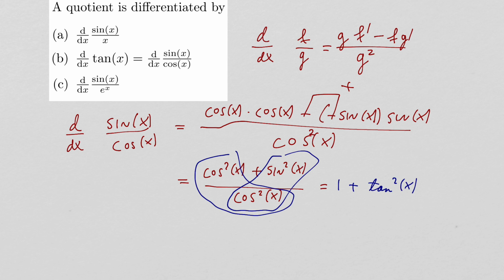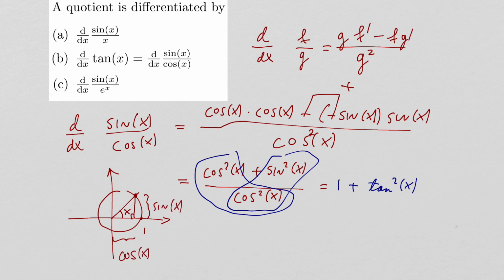Well, even more simple might be this: what are sine and cosine? If we have a circle of radius 1 and we have some angle x, then we get a triangle where the legs are cosine of x and sine of x.